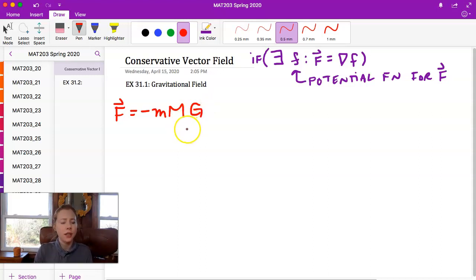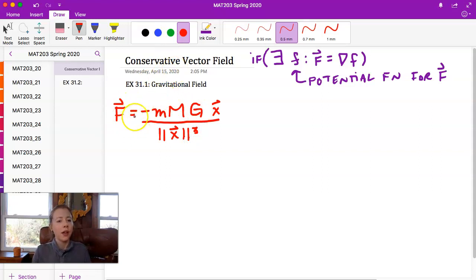Little g is the acceleration due to gravity, which varies depending on where you are, and big G does not. Big G is an absolute constant. Okay, times the vector x divided by the magnitude of x cubed.